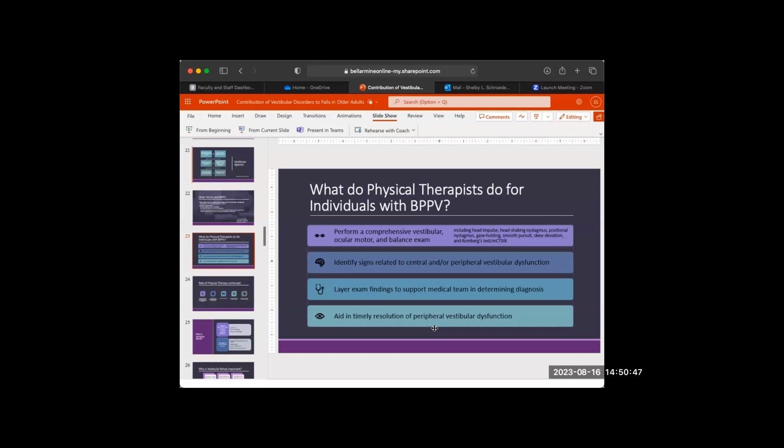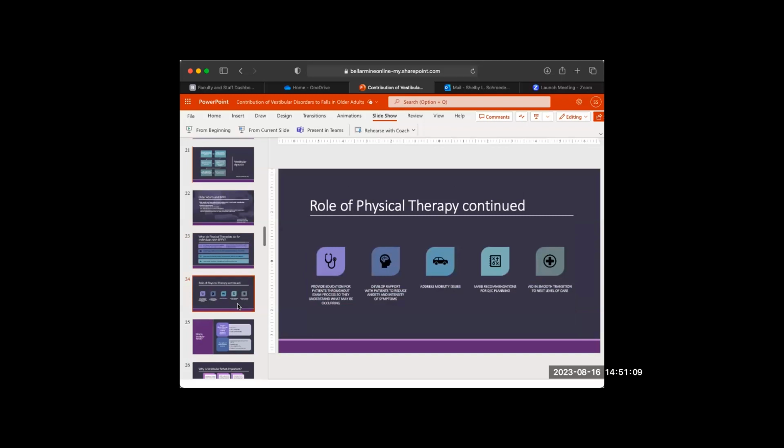We're layering exam findings to support the medical team in determining diagnosis. This is kind of based in an ED setting, practicing alongside a physician and aiding in a timely resolution. Let's get them better quickly rather than making them wait months to get treatment for this.